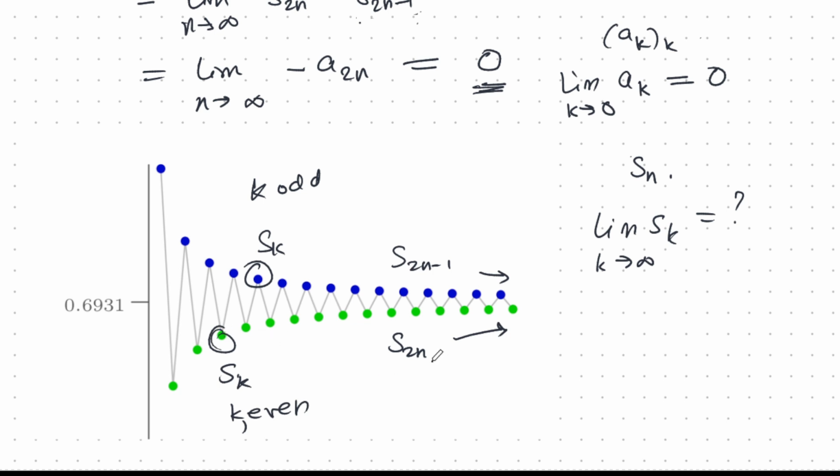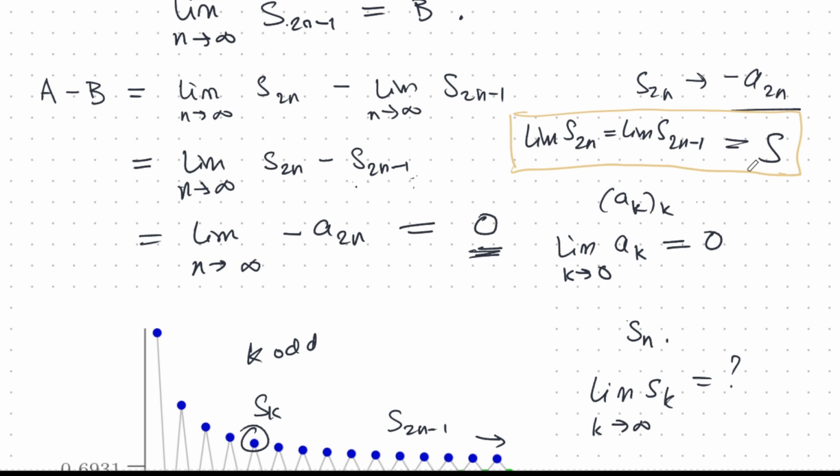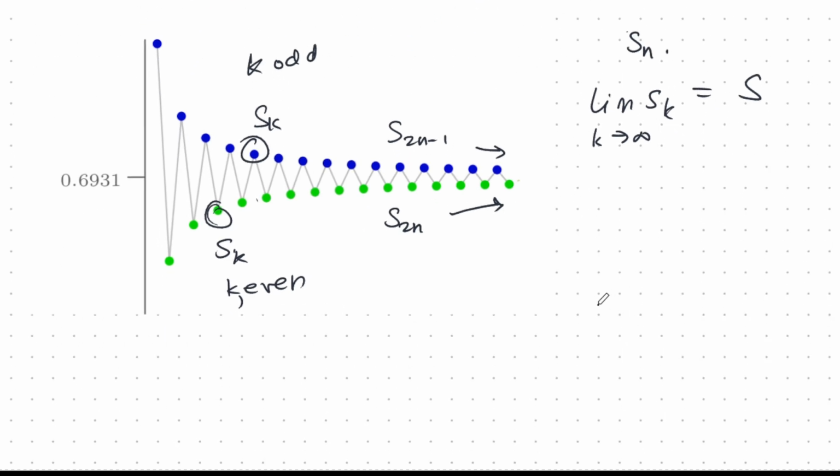So either way, it's tending to the same limit. We showed above that the limit of S2n equals the limit of S2n−1, and we can call that big S, with no subscript. So the even and odd terms tend to the same limit. Well, this has to tend to the same limit also, because as you see here, it's either one or the other. I find that this argument is sufficient.